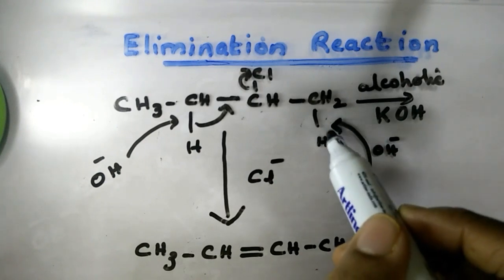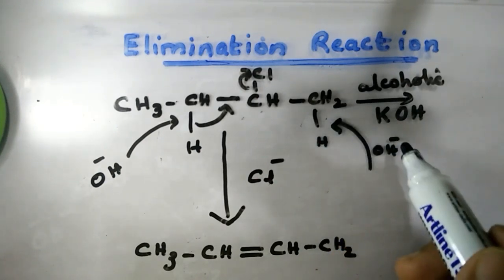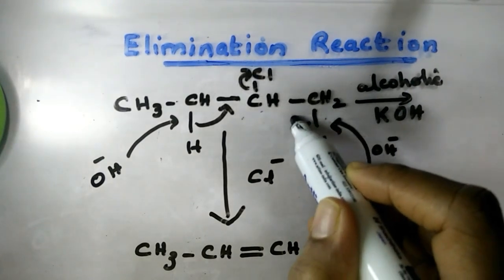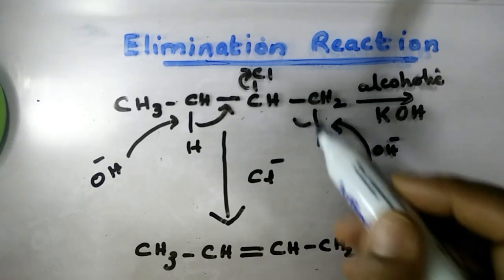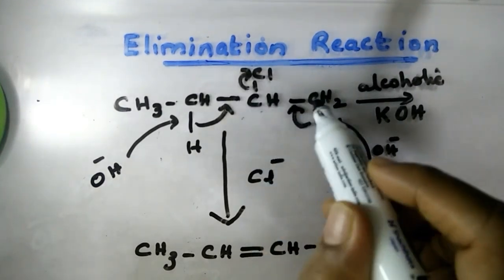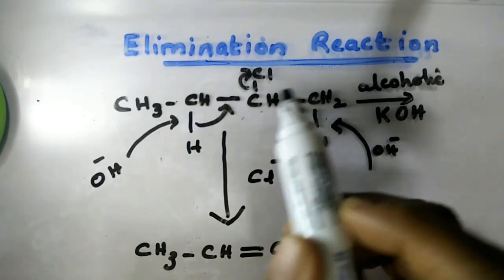When OH- is attacking through this side, the H+ ion is liberated and the electron pair from the carbon-hydrogen bond gets shifted to the carbon-carbon bond and makes a double bond here.